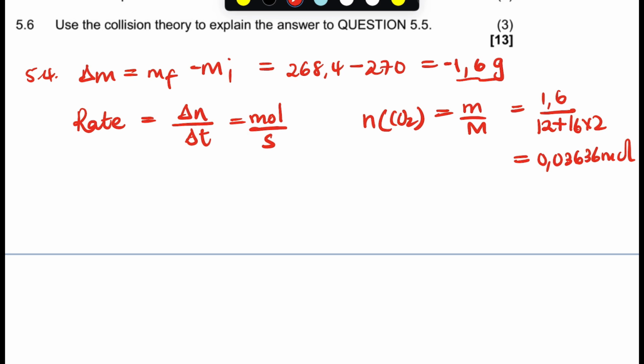And then we come here, so when we come here, we are going to use this number of moles, sorry, don't know what's wrong with me.